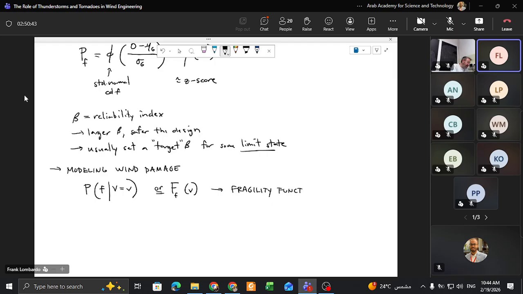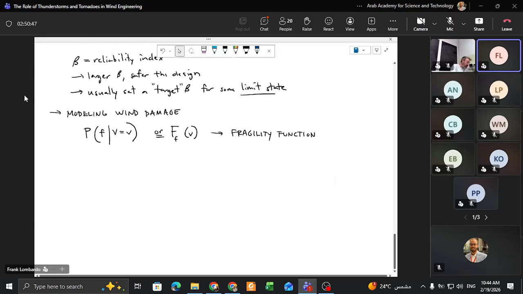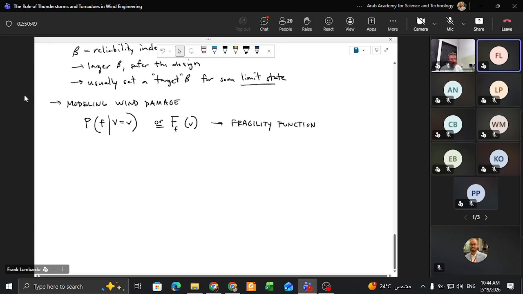It relates some hazard, in our case wind, to some probability of failure or probability of damage. Written like this, it's a conditional probability: the probability of something occurring conditional on the wind speed being a certain value.